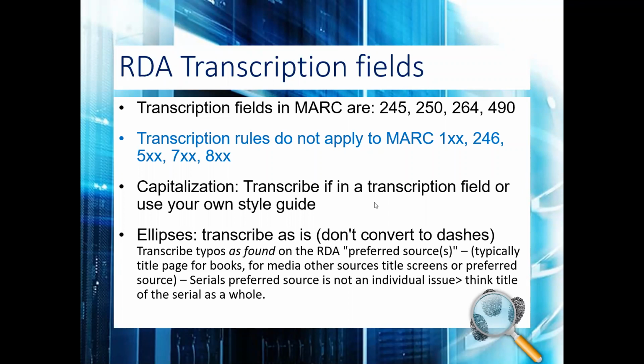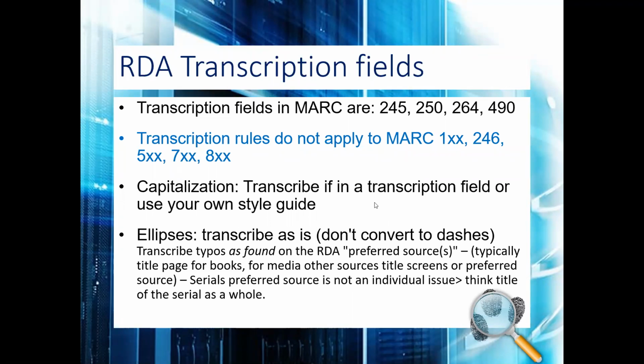RDA, you do not do that anymore. For monographs, for books, you record it as it appears on your item, on your title page, and then you're going to record the correct version elsewhere, and we'll talk about that in just a minute.